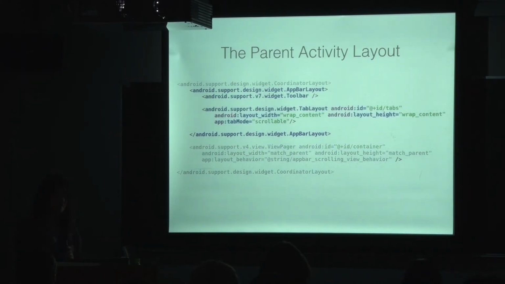The app bar layout contains two child views, a toolbar widget and a tab layout widget that will be for our tabs. I've set the tab mode to scrollable so that we can horizontally scroll the tabs to access any tabs that may not be on the screen if there are more tabs than can be displayed immediately.